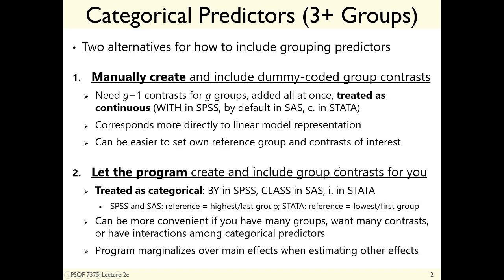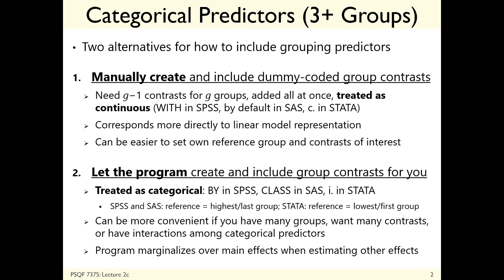So, first up here, the 2 ways by which to put grouping variables, what I call categorical predictors, into a model. One way is to do it yourself by manually creating contrasts. If you have G groups, you need G-1 contrasts, such as dummy codes, which is the easiest way to think about it.